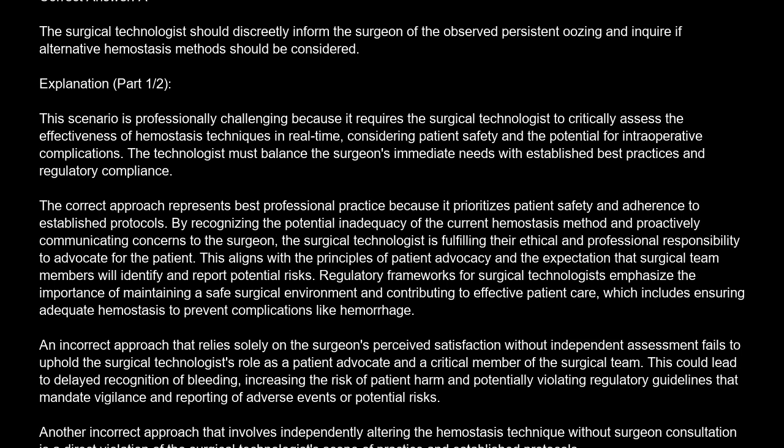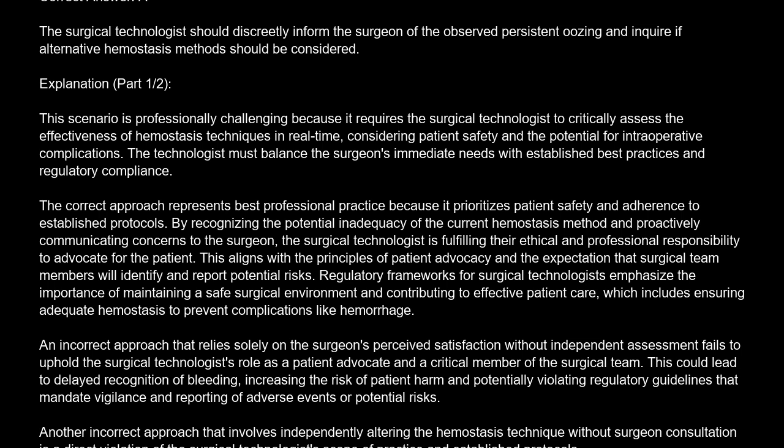The correct approach represents best professional practice because it prioritizes patient safety and adherence to established protocols. By recognizing the potential inadequacy of the current hemostasis method and proactively communicating concerns to the surgeon, the surgical technologist is fulfilling their ethical and professional responsibility to advocate for the patient.